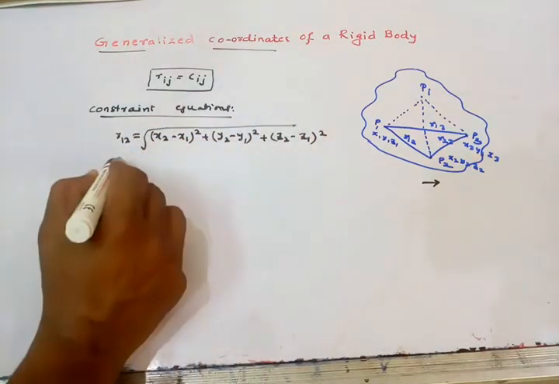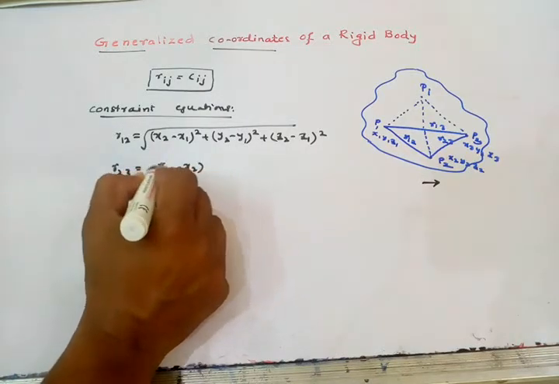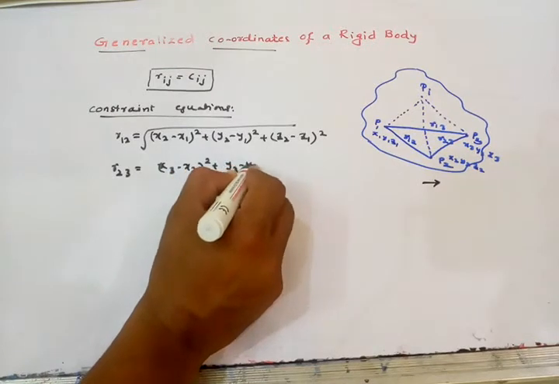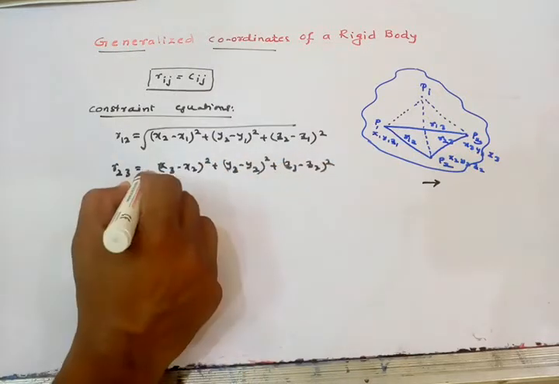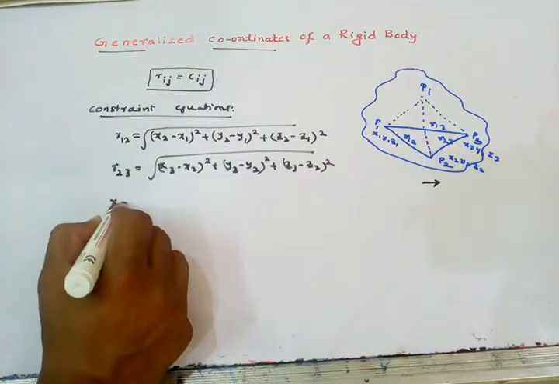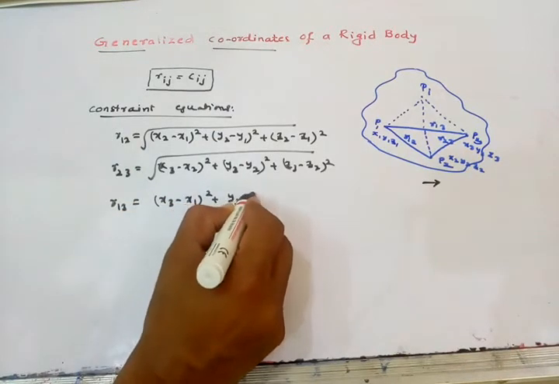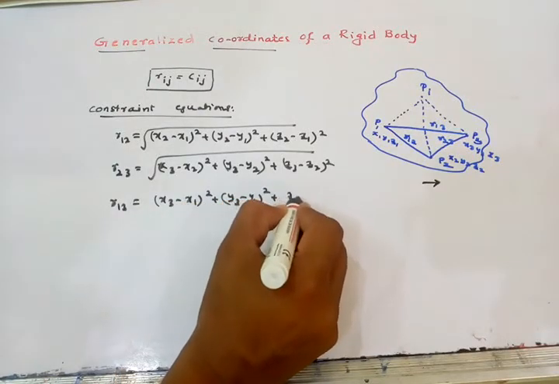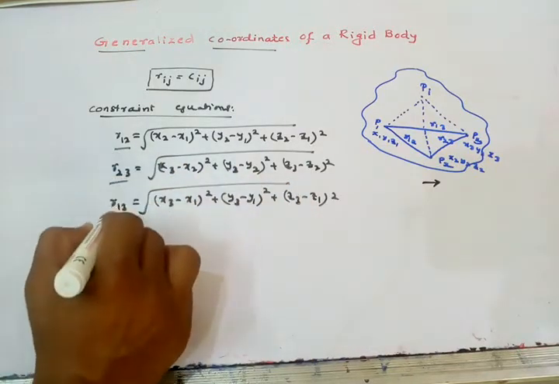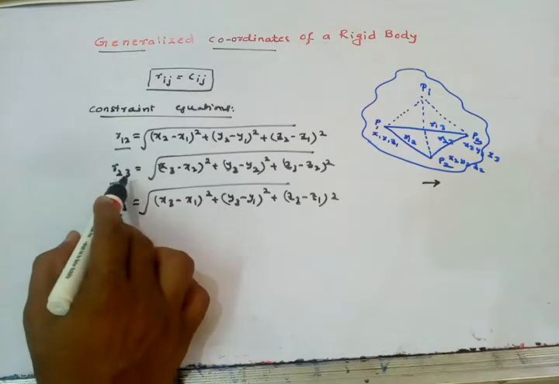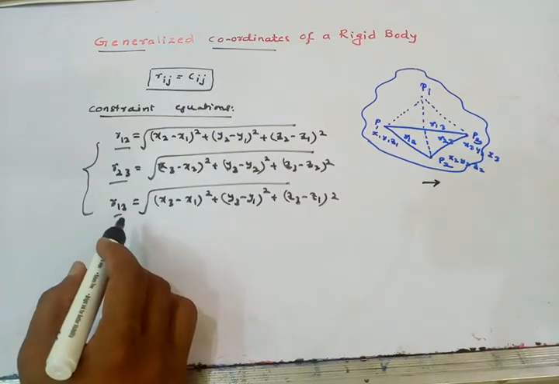Then R23 equals the square root of (x3 minus x2) whole square plus (y3 minus y2) whole square plus (z3 minus z2) whole square. Go for R13: (x3 minus x1) whole square plus (y3 minus y1) whole square plus (z3 minus z1) whole square, under root. This is the distance between the two particles, R12, R23, R13. These three are constraint equations.